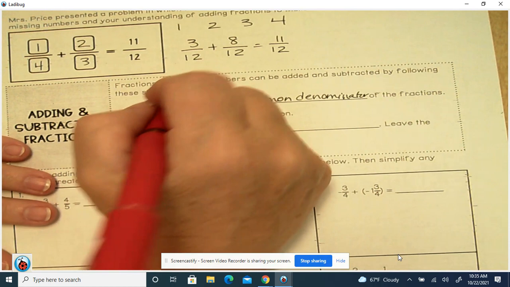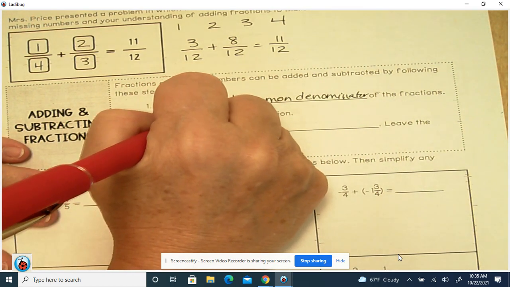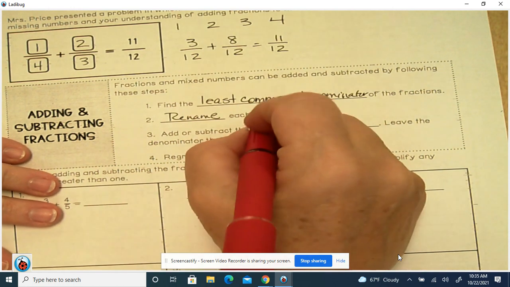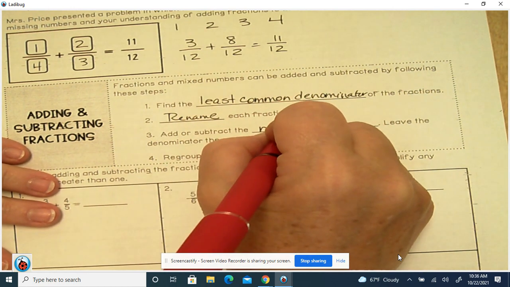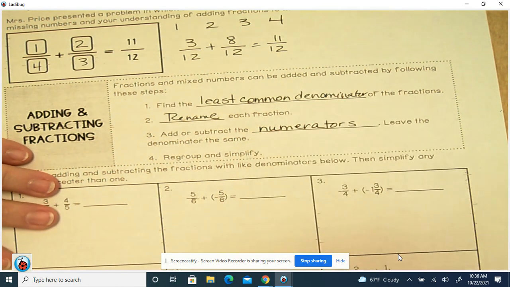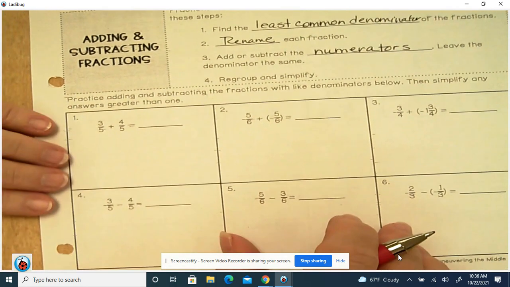And then you would rename the fractions. And then you're going to add or subtract the numerators, and then leave the denominator the same, and then regroup and simplify.